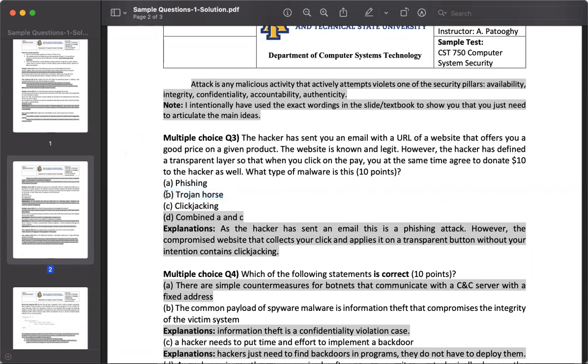And again, this is my explanation. This is of course not a Trojan horse because nothing here is being downloaded, at least it's not mentioned in the question. And why is this phishing?